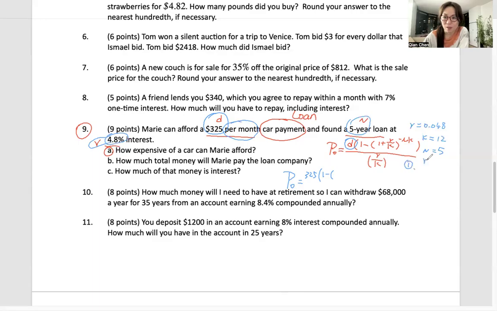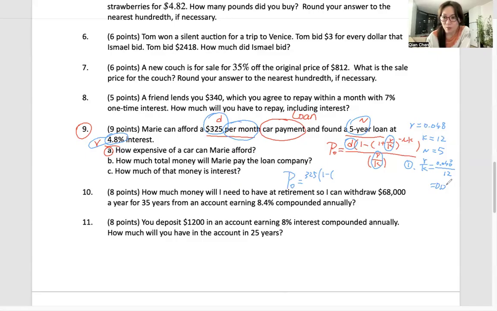Okay, so let's calculate. First, let's calculate R divided by K, because we have R divided by K here and here. So R divided by K, we get 0.048 divided by 12. What's that? Let's hit into the calculator. Actually, it's obvious, right? 48 divided by 12 is 4, but I have to carry on the decimals.